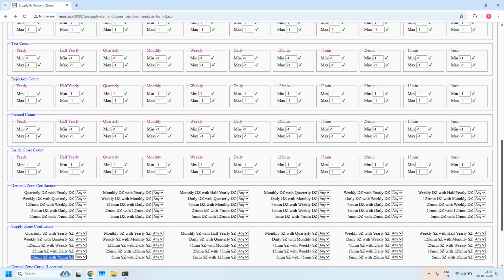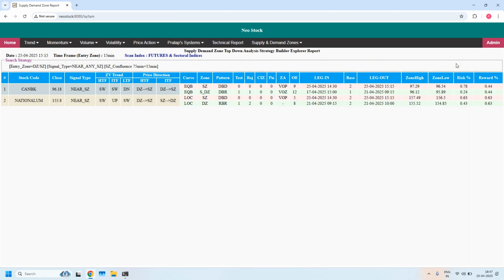So enable the filter. So only 2 stocks are filtered. So these 2 15 minute supply zones are overlapped with 75 minute supply zones. Okay, this is about the 15 minutes time frame.